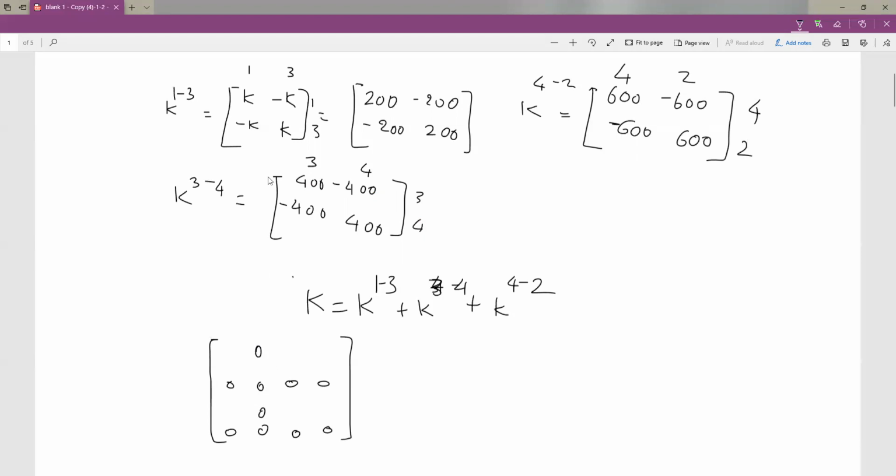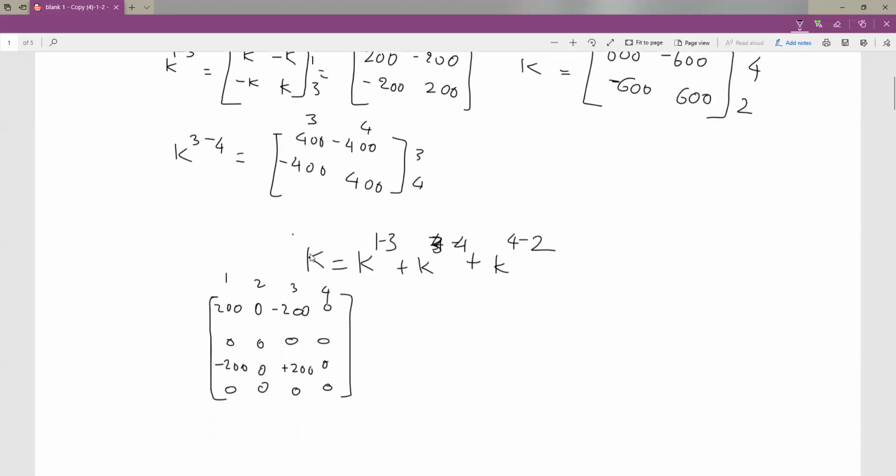And we place whatever the stiffness coefficients are at the relevant positions. Sorry, the fourth column I have to make 0. Yes. So 200, minus 200, 200, like this. So 1, 2, 3, 4 here, and here also it will now be 1, 2, 3, 4.